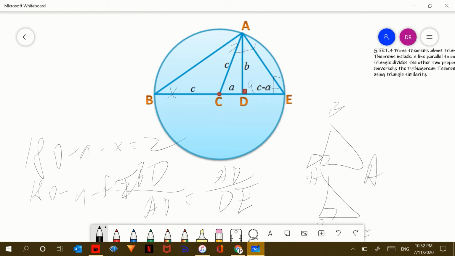We know that A is 90 degrees, so 180 minus 90 is 90. Let's say X was 60, minus 60, Z would be 30.